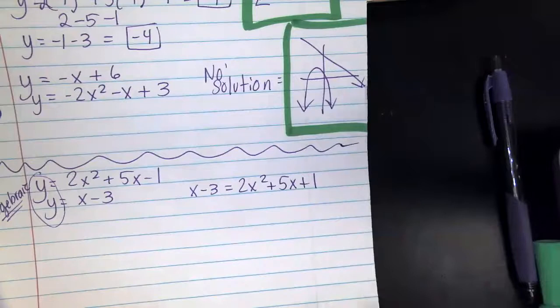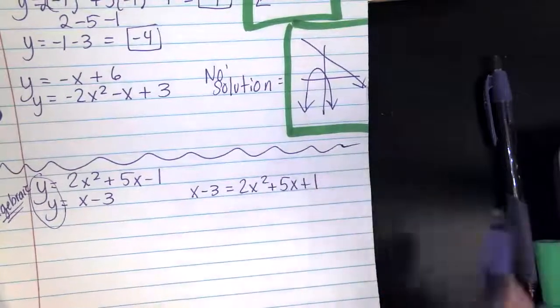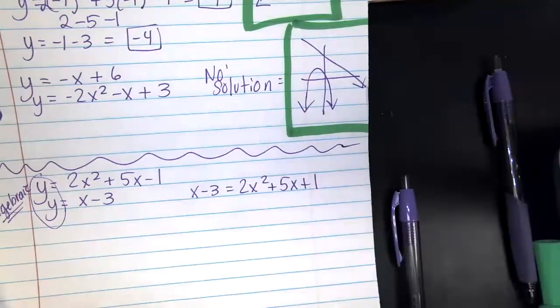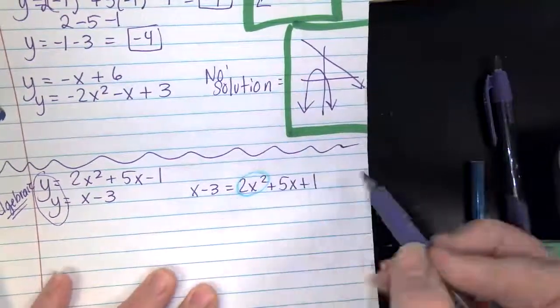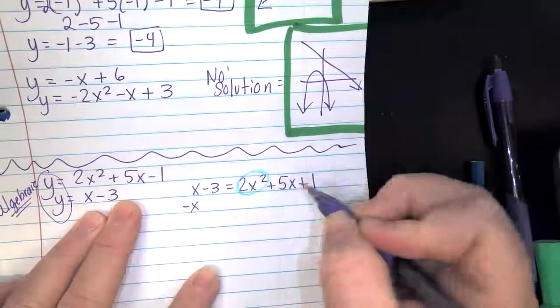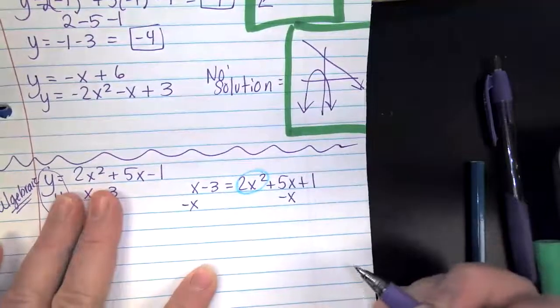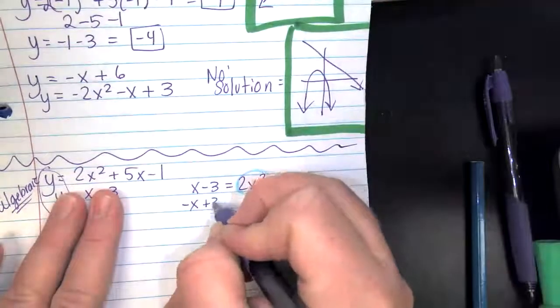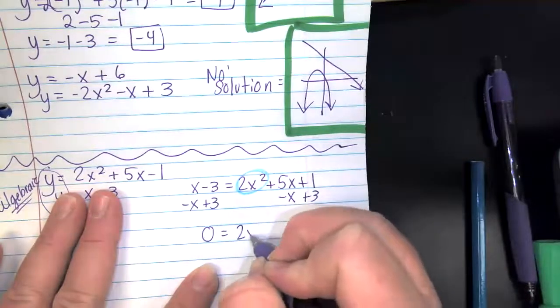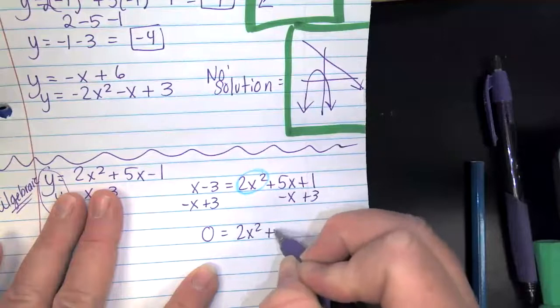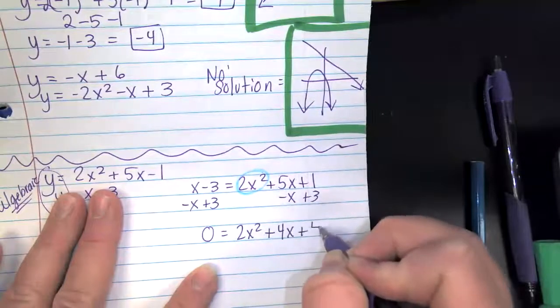See how this is x squared? Wherever the x squared is, I'm going to move things over to that side. So I'm going to subtract x, and I'm also going to add 3 and add 3, and that gives me a big fat 0 on that side, plus 4x plus 4.